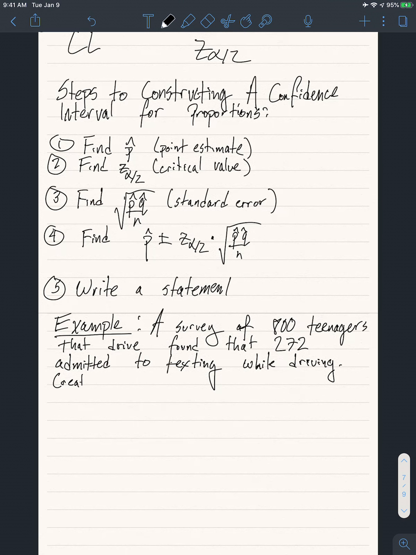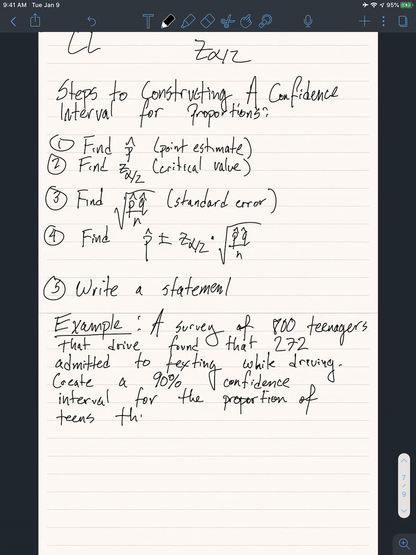Create a 90% confidence interval for the proportion of teens that text and drive. Very dangerous stuff, right?